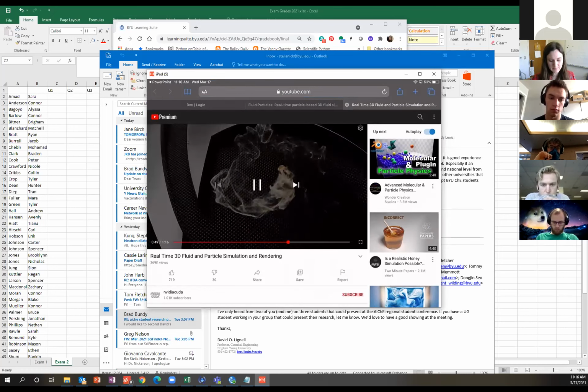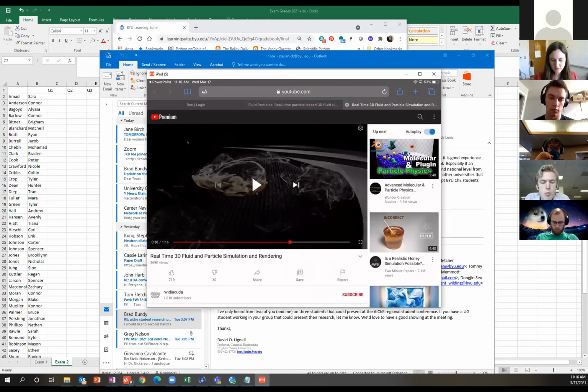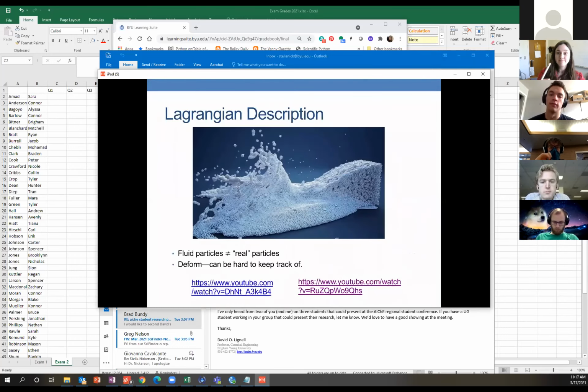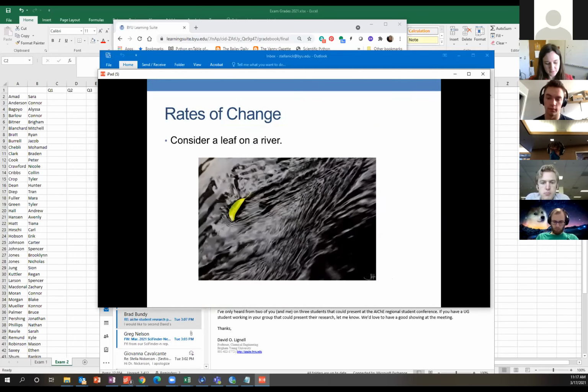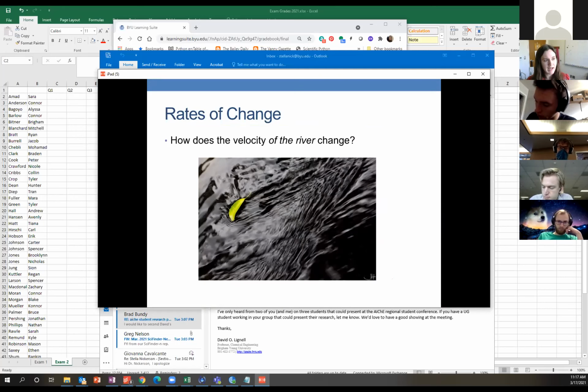All right. Okay, so those are both Lagrangian descriptions of the fluid. One thing we might be interested in is the rate of change of some property, and you can look at this in a Eulerian or Lagrangian way. So think about a leaf on the river, right? Let's take the velocity as an example. That's an easy one to think about.